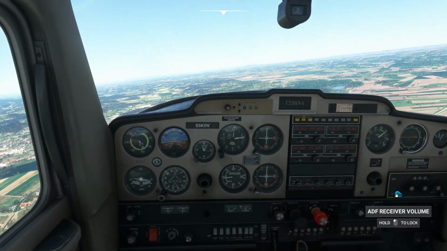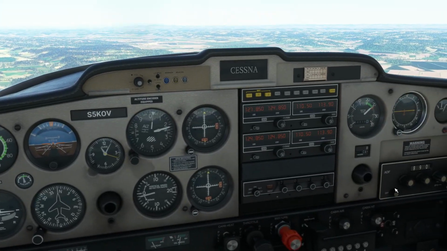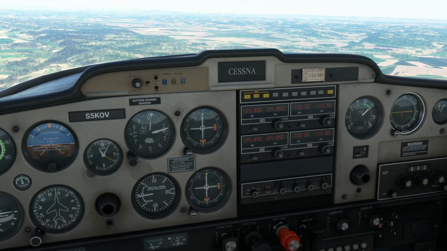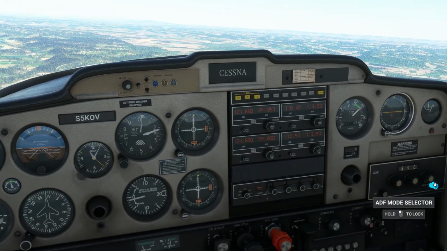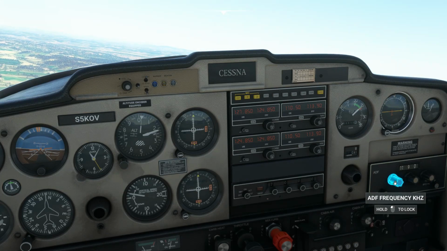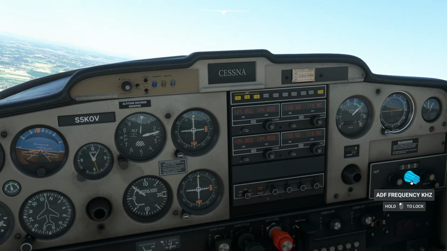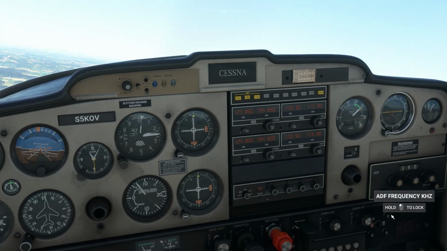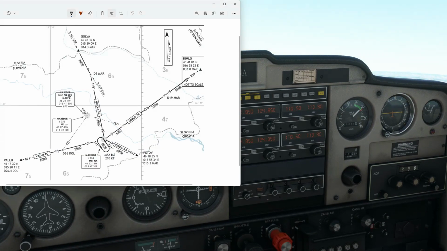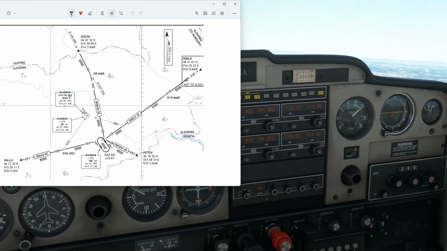I can turn on the ADF indicator, and I will plug in. I will set the frequency 334.